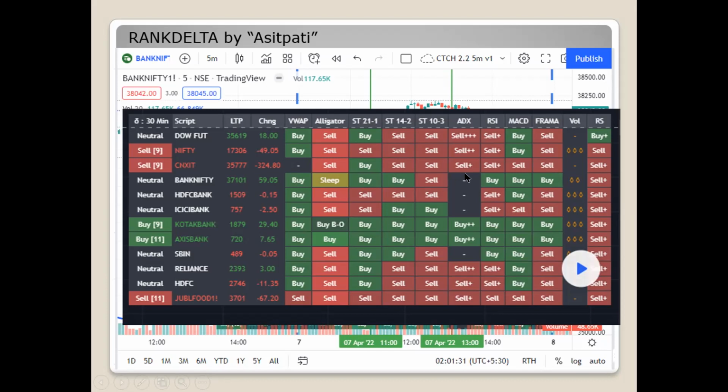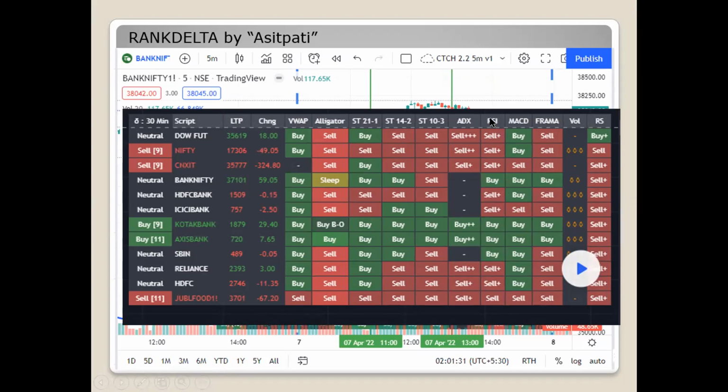And then coming to the ADX part. As we already saw, it's the average directional index, a trend indicator. And then we'll come to the RSI, the relative strength index. It measures the magnitude of the price change to evaluate overbought or oversold.